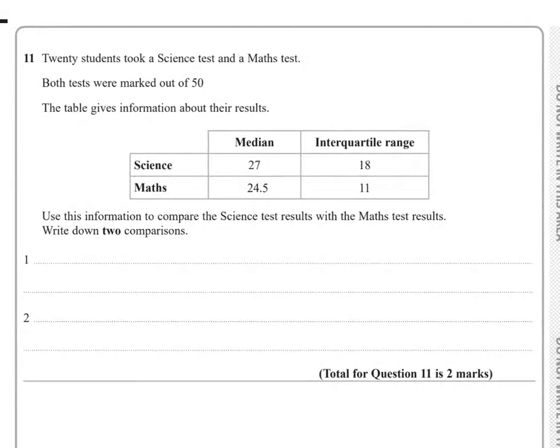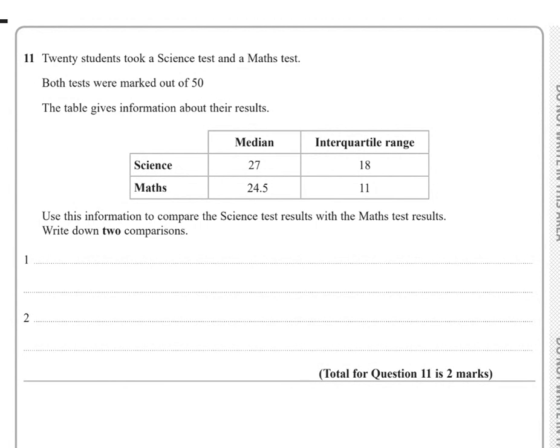Okay, 20 students took a science and maths test. Both tests were marked out of 50. The table gives the information. So science and maths, compare the median. So the median is where the middle person is. So where the middle person in the set in science is at 27 and maths is at 24.